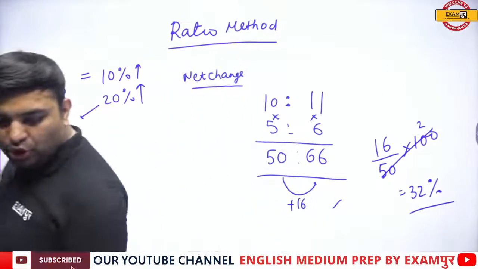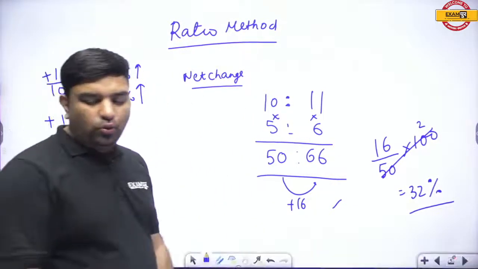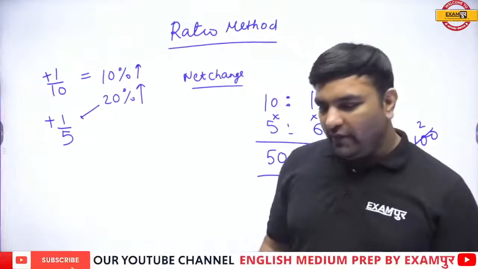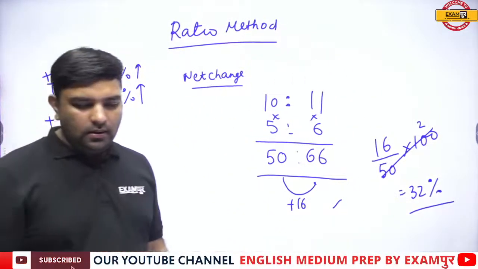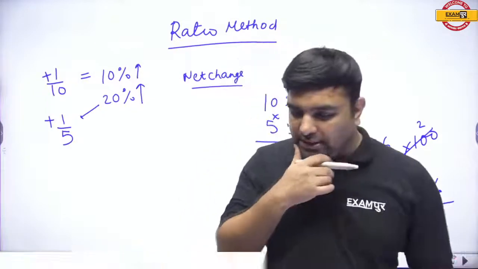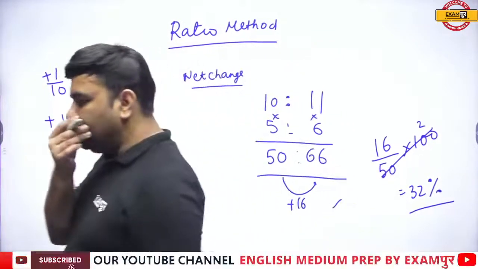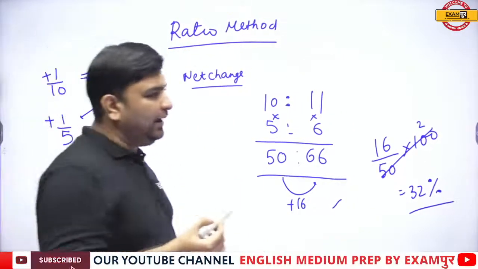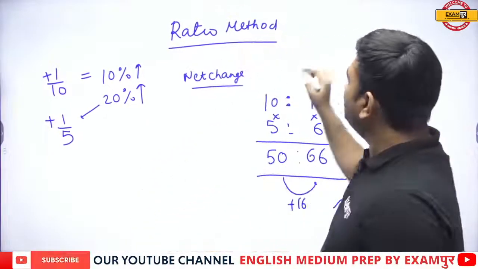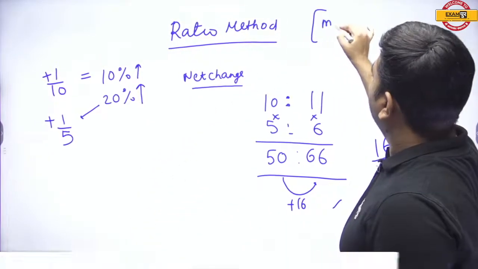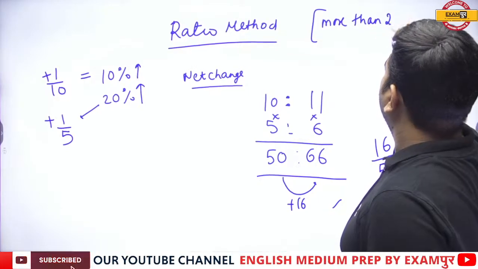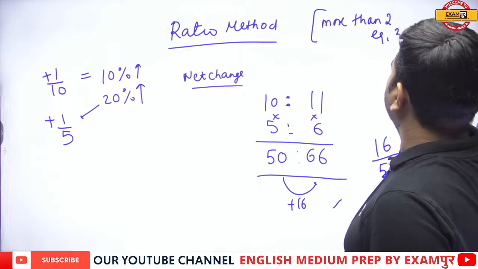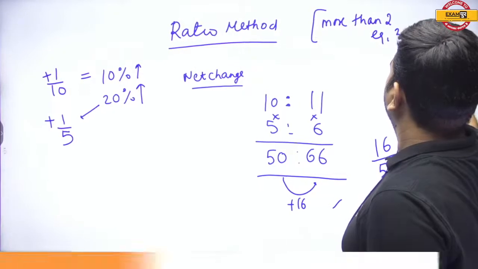So this ratio method is equally applicable wherever the effective method is applicable. However, ratio is better because it can be applied to more than 2 changes as well, for example 3, 4, 5 changes.